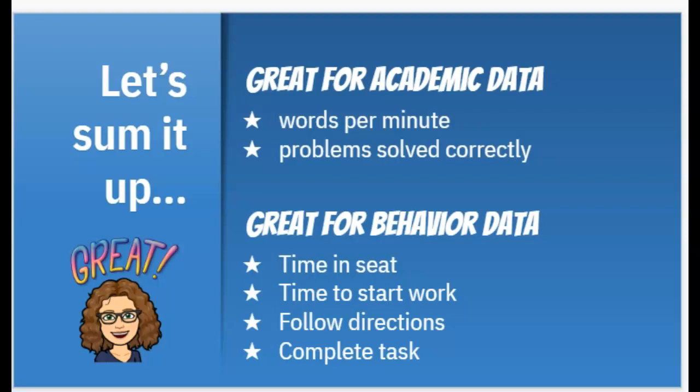So if we're looking at academic data, like words per minute, problem solved correctly, or time in seat, time to start work, any of those skills, I definitely like using Google Sheets and or Google Forms.